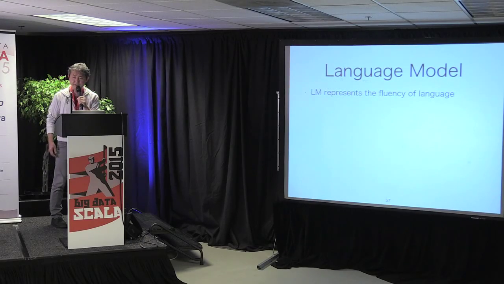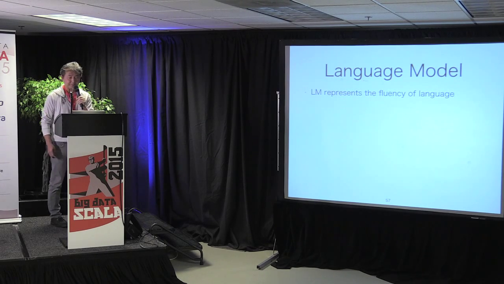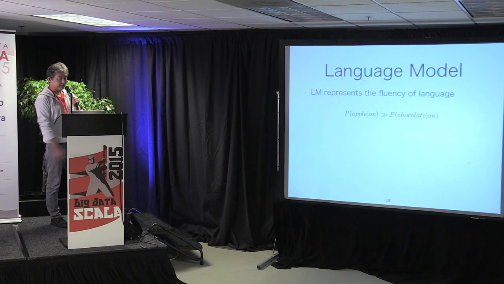Language model is often used to represent the fluency of language. For example, in machine translation, the translator uses a language model in order to choose the most natural sentence from several candidates. This is a simple formula.